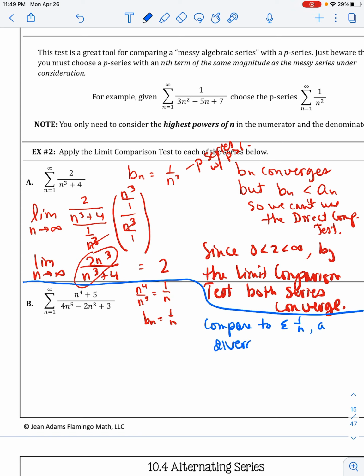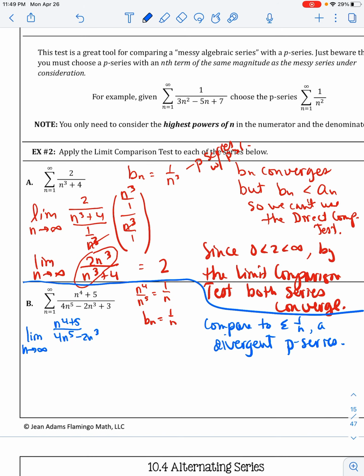And so we are going to compare to summation 1 over n, a divergent p-series, which is the harmonic.